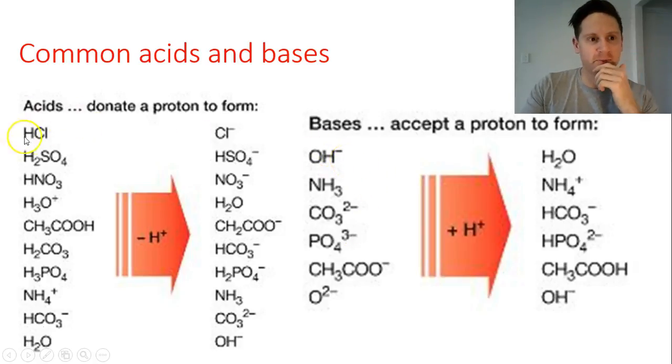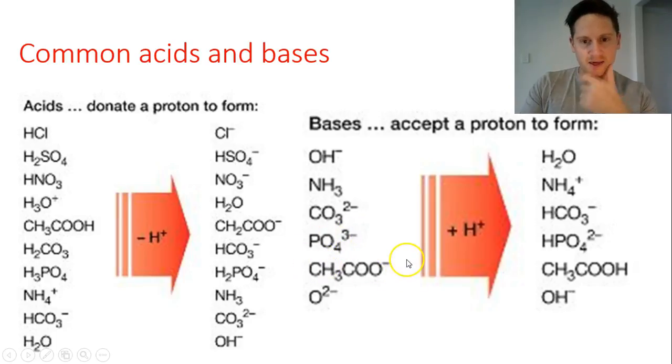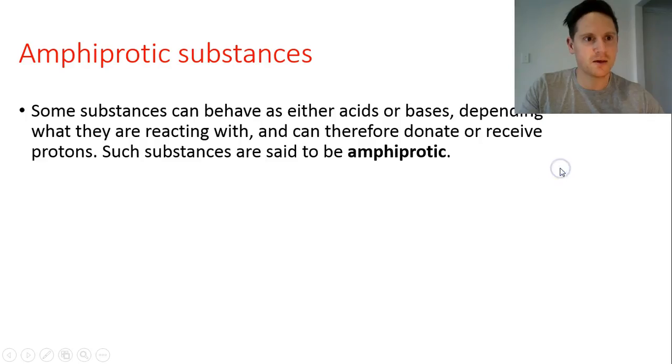They don't always have to be uncharged molecules. Carbonate, phosphate ion, the acetate ion, and we've got an oxygen ion. And then once they accept protons, we've got their conjugate acids on the right hand side here. So take the time to have a look at this diagram and study it.